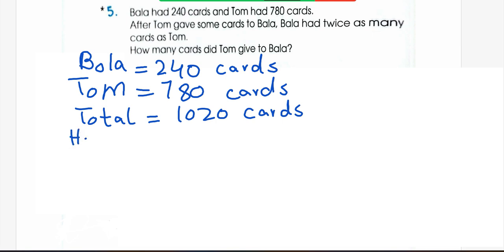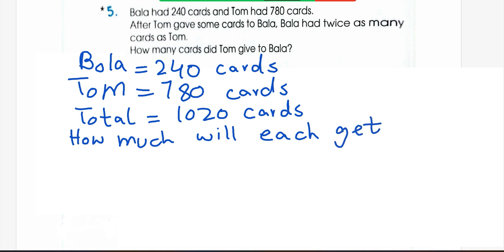Then how much will each get? First, we will find how much Tom will have or how much Bola will have after distribution. How much will each get? Is equal to 1020 divided by 3. We have divided this number into 3. When we divide this into 3, what will we get? We will get 340. Okay? Each will get 340.